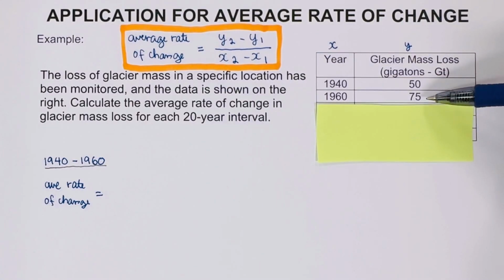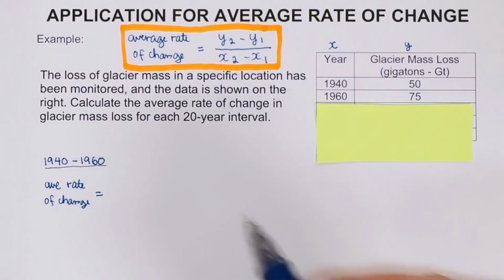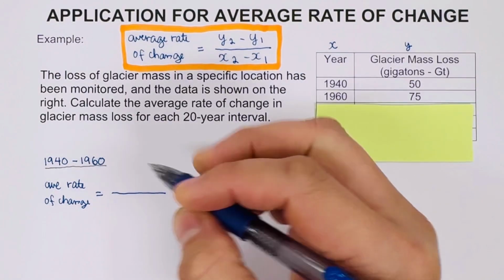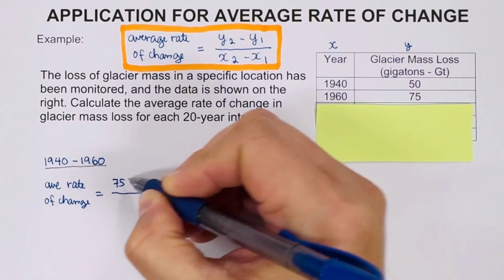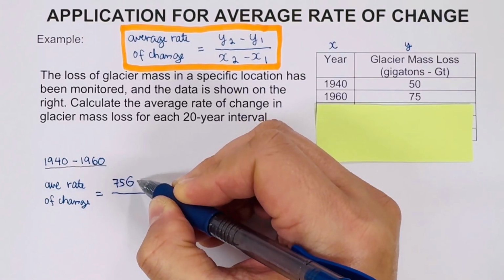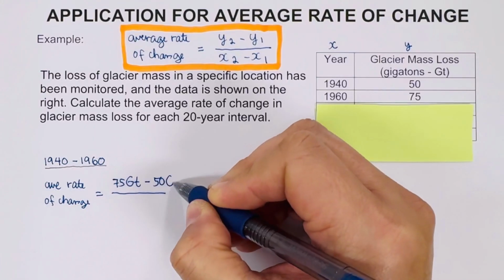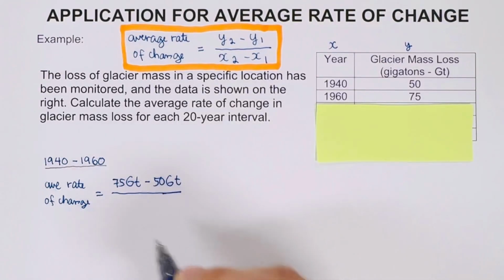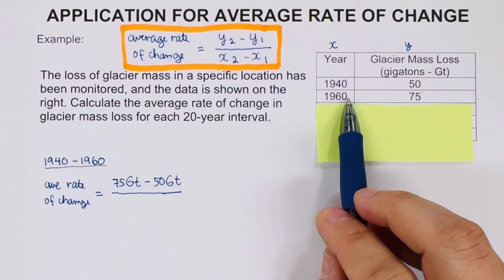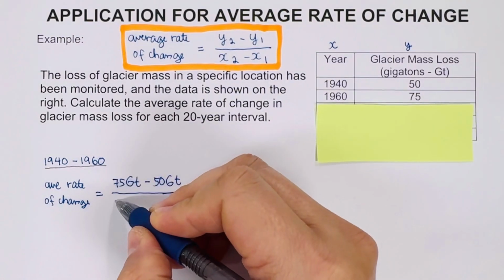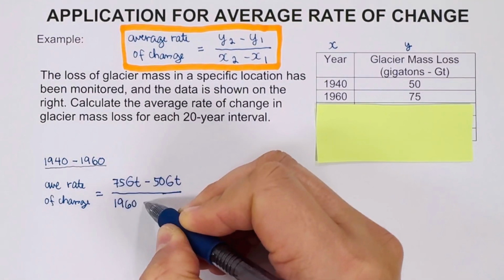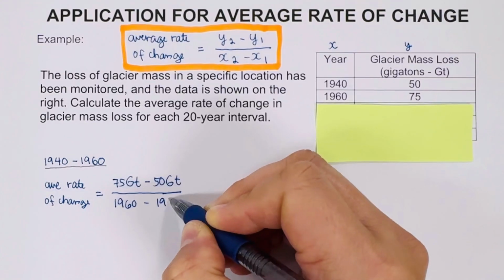So this is going to be 75 minus 50 because this is our y sub 2. So I can go ahead and write 75 gigatons minus 50 gigatons over, this is our x sub 2, x sub 1. So that is 1960 minus 1940.